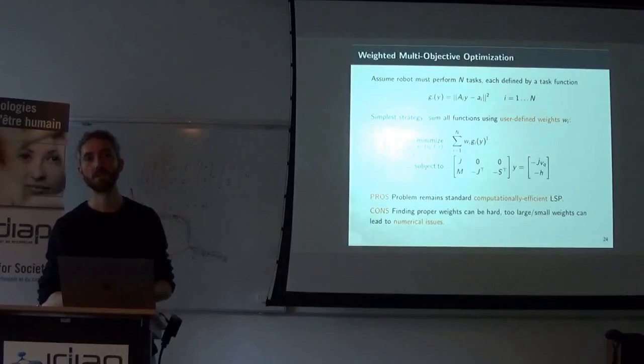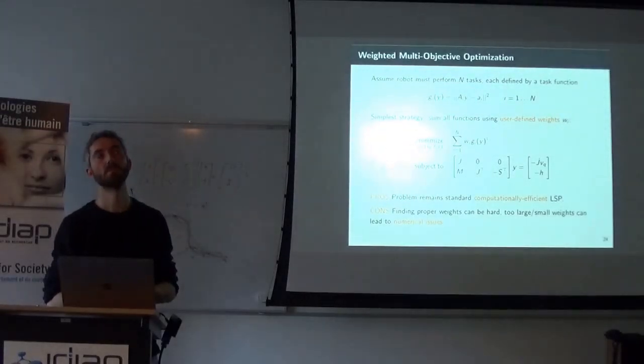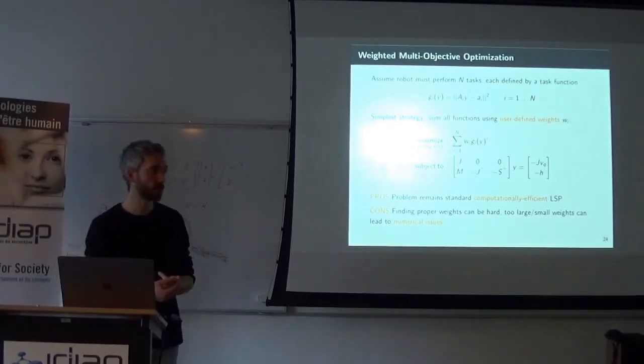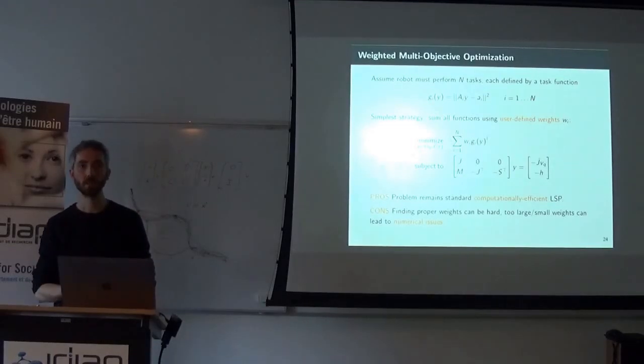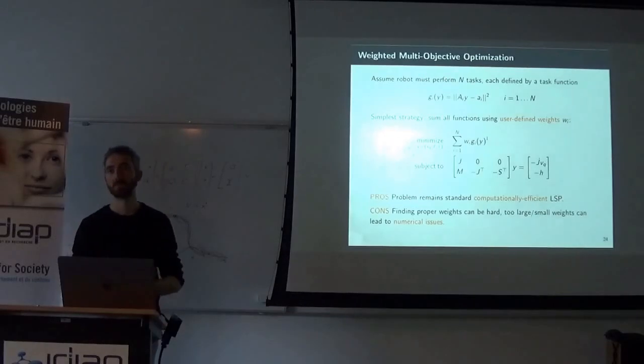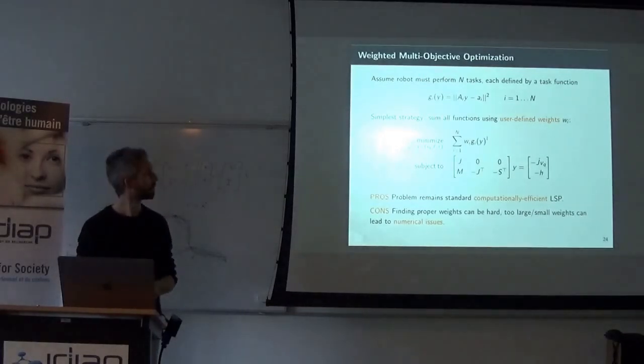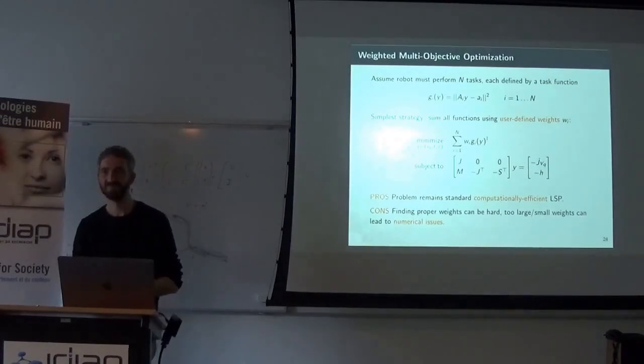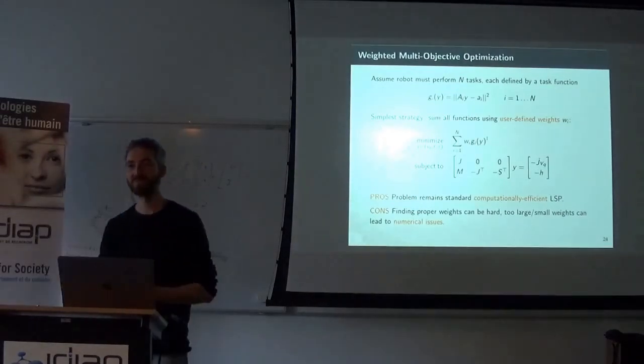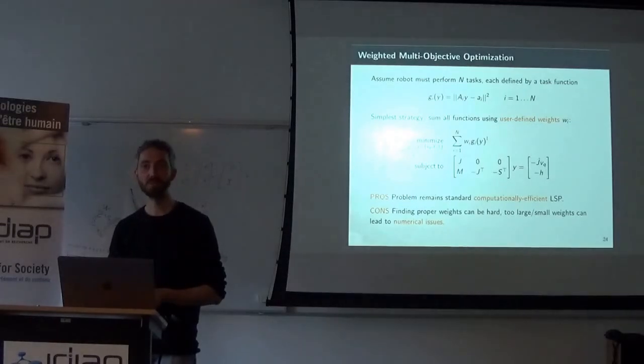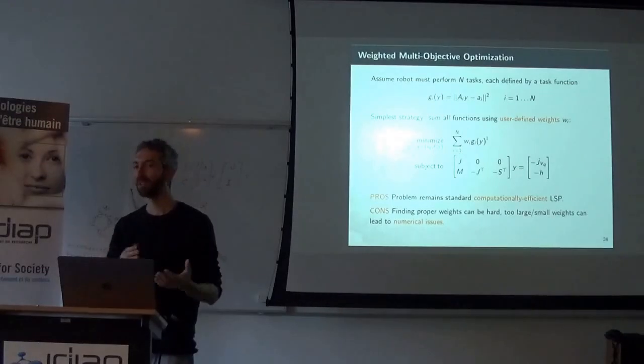Yes, Michele? But also the scaling issue, I mean, the variables we are trying to control can have different magnitudes, so it's not just a matter of the importance of the weights. Yeah. When tuning the weights, you should keep in mind the scaling of the variables that you are summing together. Yeah, you're right. In terms of units of measurement, you're summing pears and apples. And you have to live with that.